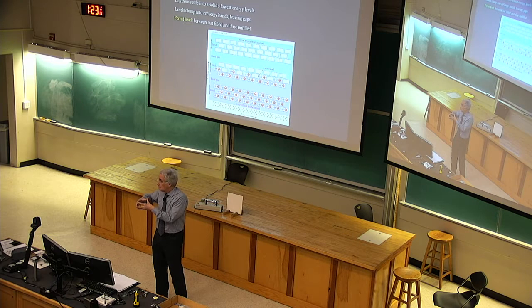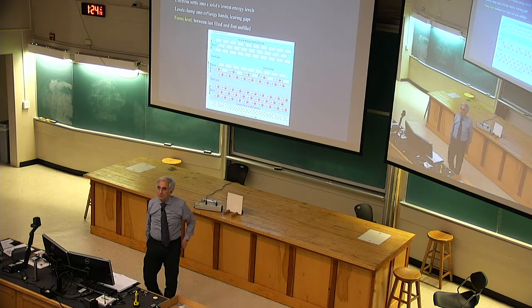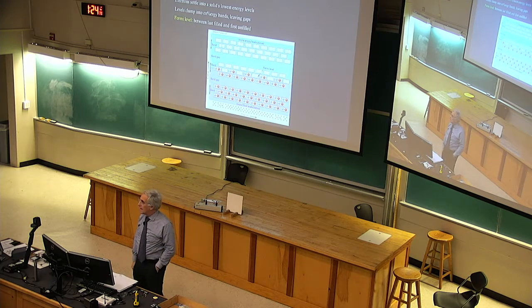Somebody else is there. So you have to look for an unoccupied level, and I'm looking up because I'm thinking up in energy. There's not one here, there's one here. Big energy difference. And who's going to pay for that? So all the electrons are kind of stuck in their current standing waves.